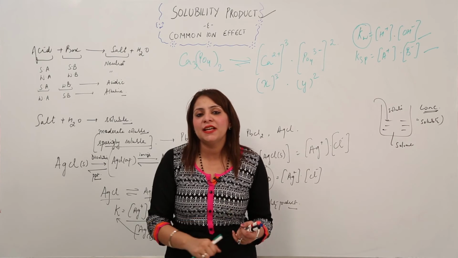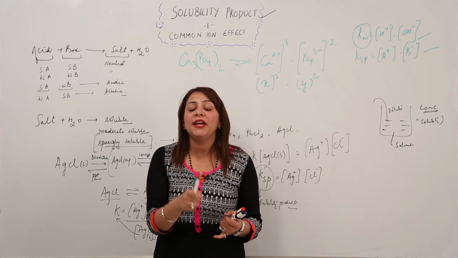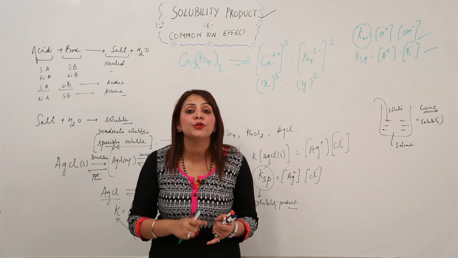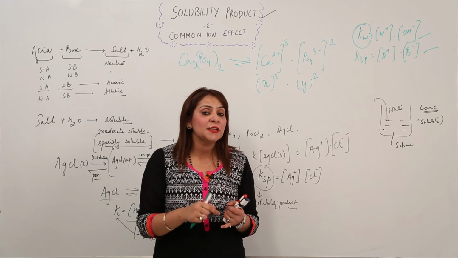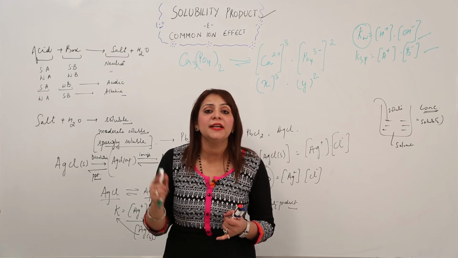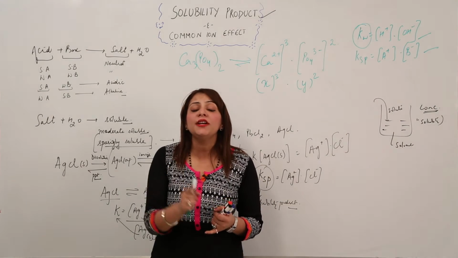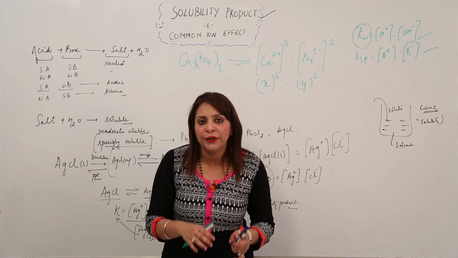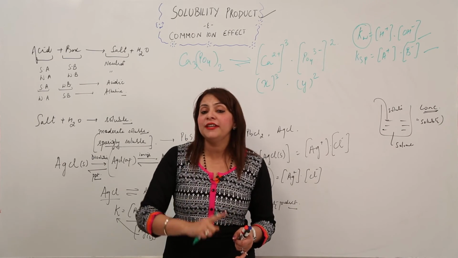The first difference is that the solubility product is applicable only to saturated solutions, right? That means Ksp is valid only for saturated solutions, which cannot dissolve any more solute however much we add into it. So it is applicable only for the saturated ones.